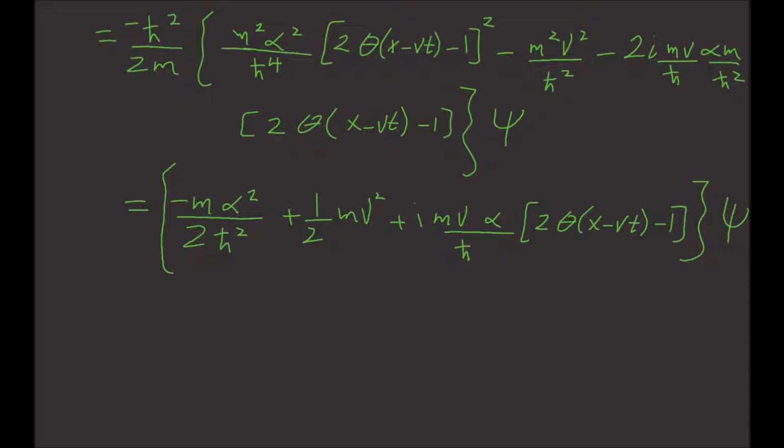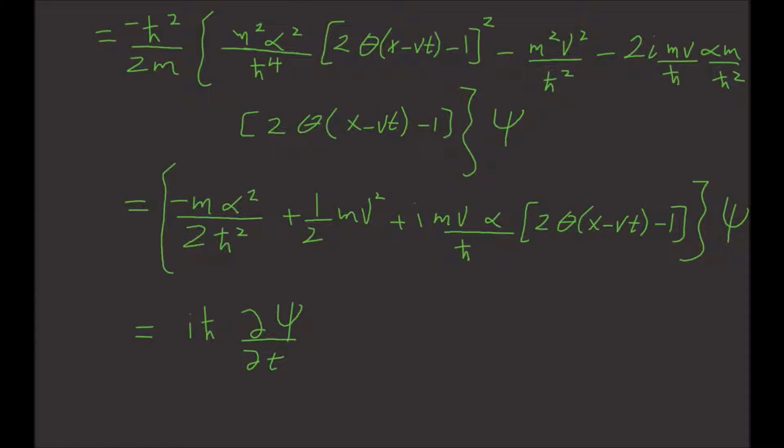And if you check this from earlier slides, just compare it, this is going to be equal to i h bar times the time derivative of psi. There you have it.